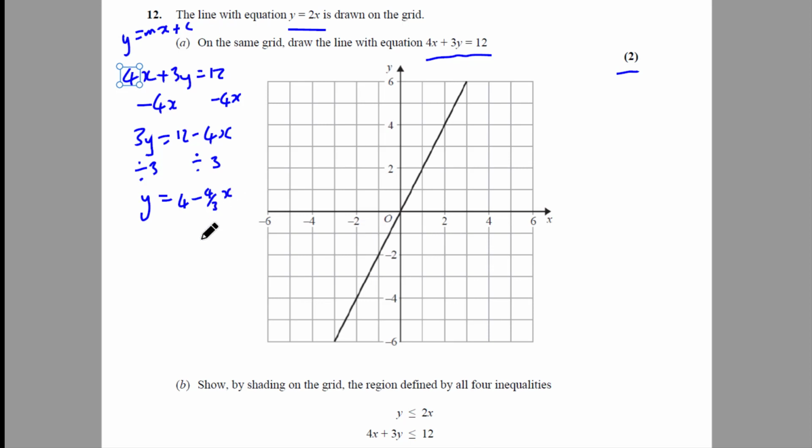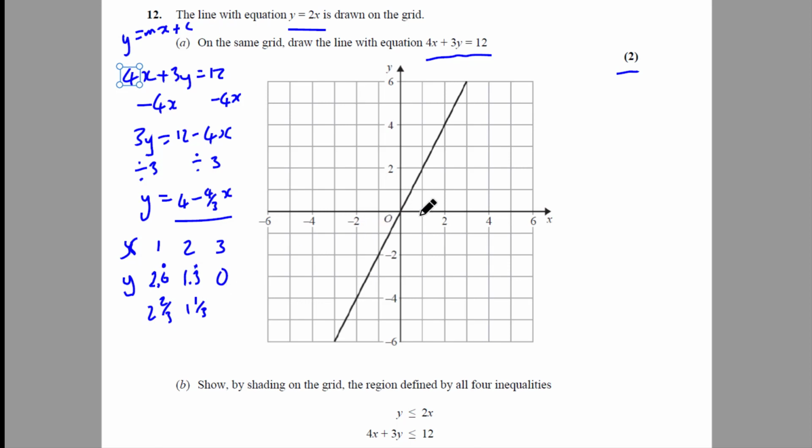Now create your table of values, and you can do this using your calculator and just plot the points. So I've just created a quick table of values, substituted the values of x in, use your calculator to get y. This means it's 2.6 reoccurring and 1.3 reoccurring, which we should know is 2 and 2/3, and that's 1 and 1/3.